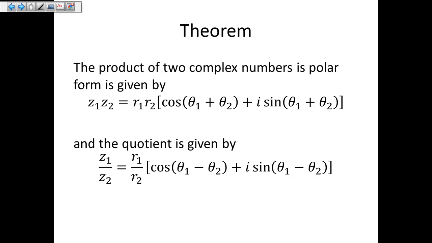Now, why are we doing this? Well, it turns out that it's easier to do some math, namely products of complex numbers and quotients of complex numbers, when they're in polar form. So here we have a theorem that tells us how to find the product and the quotient of complex numbers when they are in polar form.